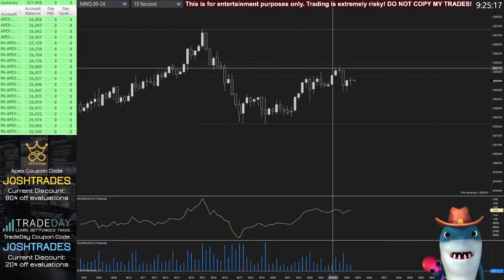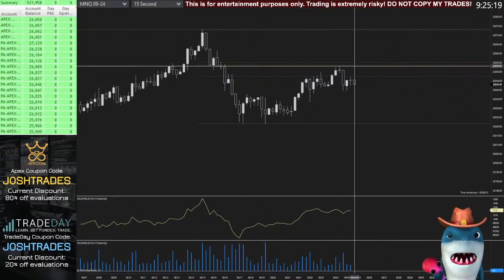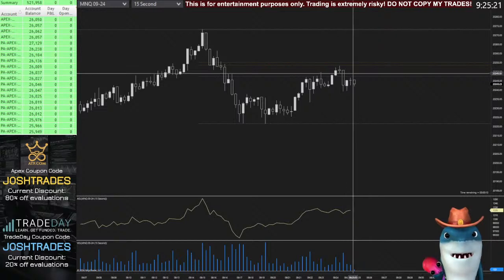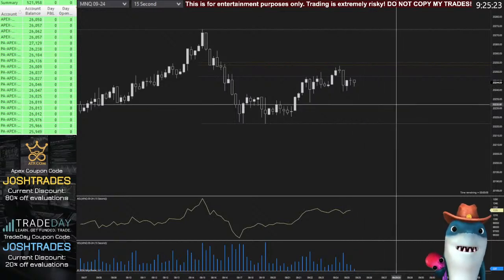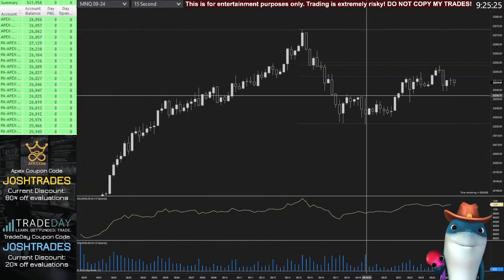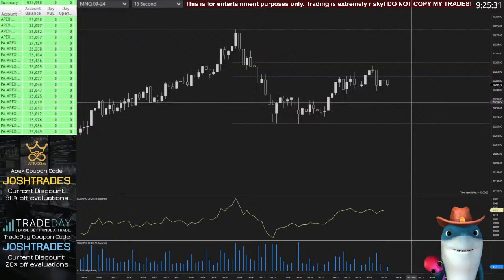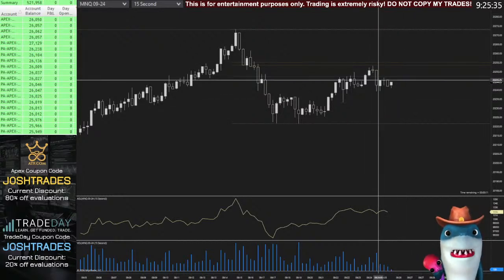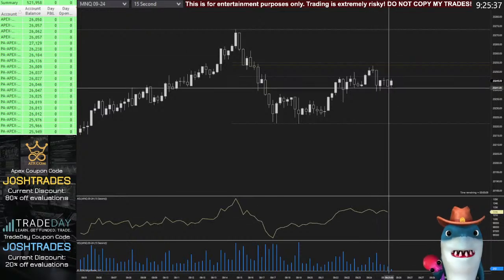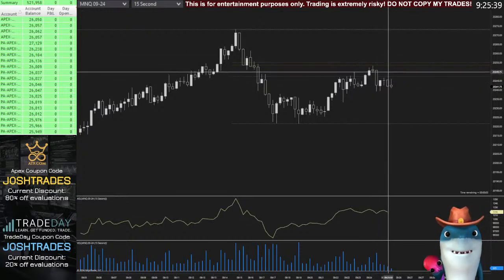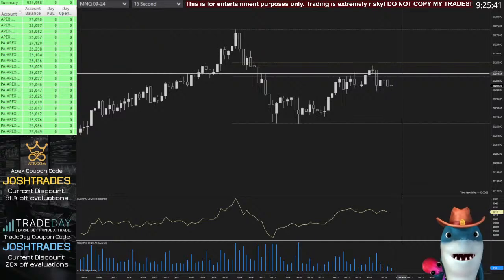You would look for a short over here to try to catch some continuation back down. But yeah, without confluence here, I personally just can't take that trade.